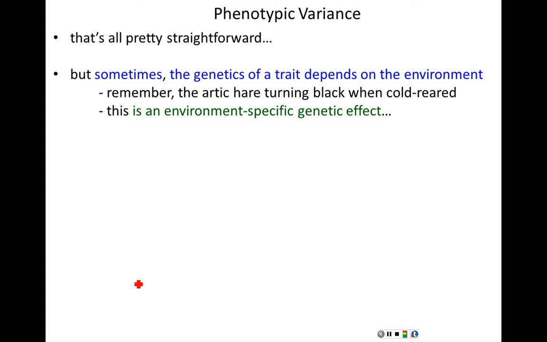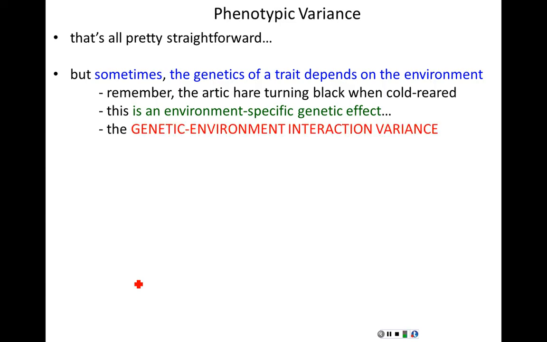What that bunny looks like is due largely to its environment. But it's also due to genetics, because the right genes need to be in place to allow that environment-specific effect to occur. There are genes that make that bunny's fur change color due to temperature. So this is an environment-specific, genetically based effect.